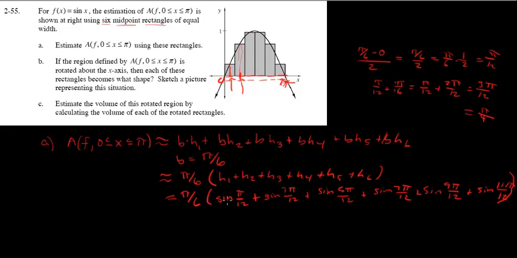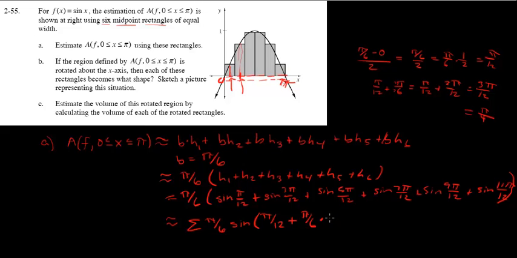Is there a smarter way we could do this? Well, we could just put this all in our calculator, or we could use sigma notation. We're multiplying pi over 6 times sine of pi over 12 plus pi over 6 times some variable.